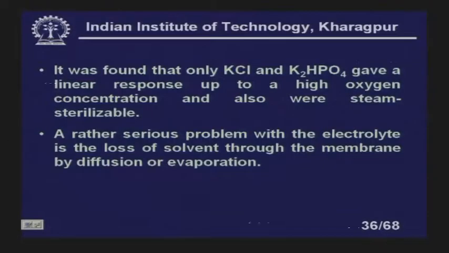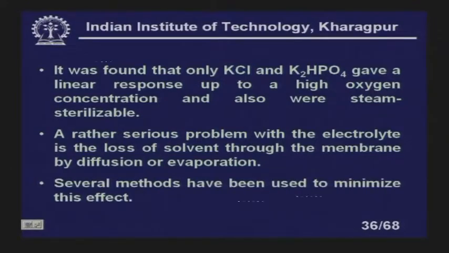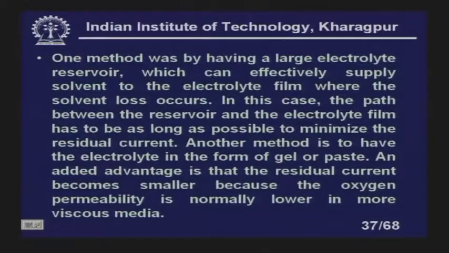A rather serious problem with the electrolyte is the loss of solvent through the membrane by diffusion or evaporation. Several methods have been used to minimize this effect. One method is having a large electrolyte reservoir, as I told you, which can effectively supply solvent to the electrolyte film where the solvent loss occurs. In this case, the path between the reservoir and the electrolyte film has to be as long as possible to minimize the residual current.